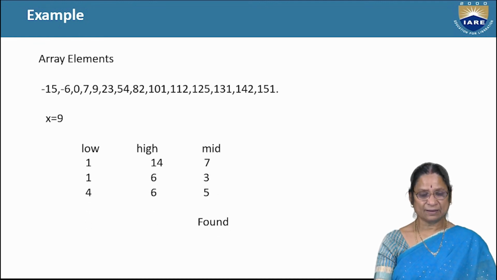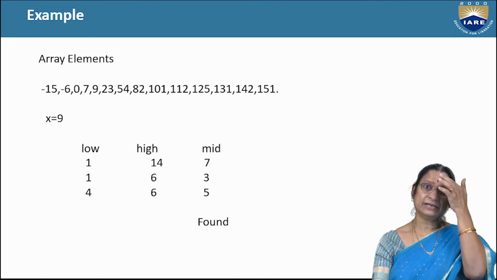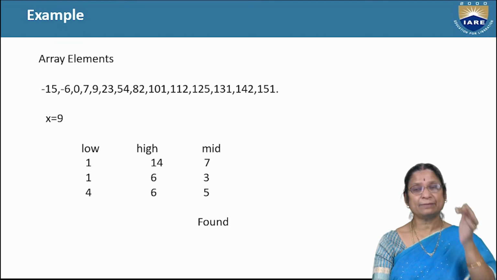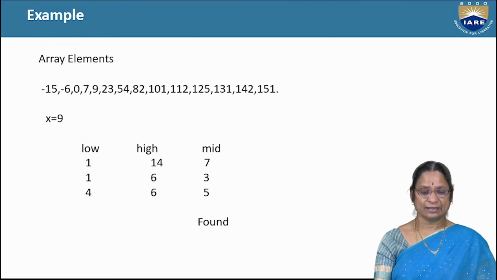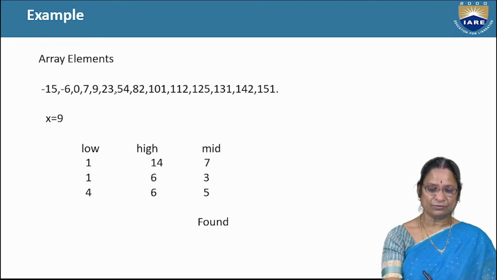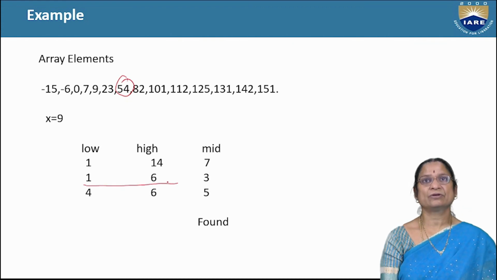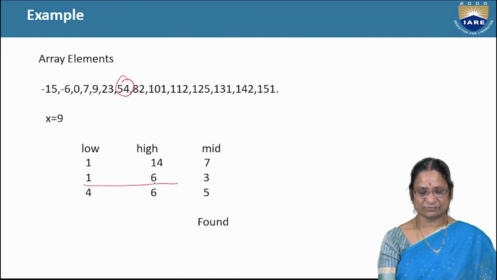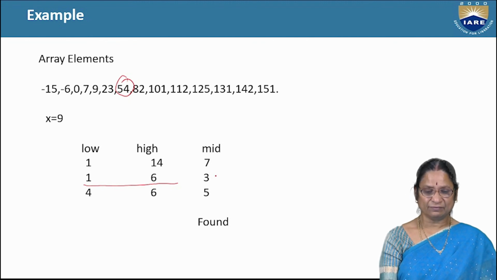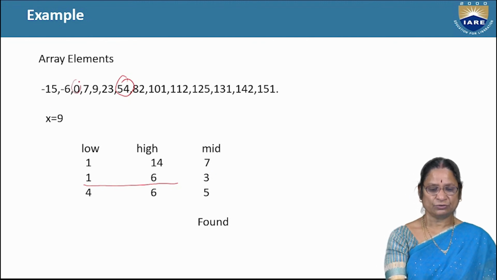Take another example, 9. The same way it will work, but still the number of iterations is less. Comparing with the middle value, which is 54. Is it less than? No. So it will reduce to 1 to 6, first and mid minus 1, that is 6. Again the middle value is the third element, 0.